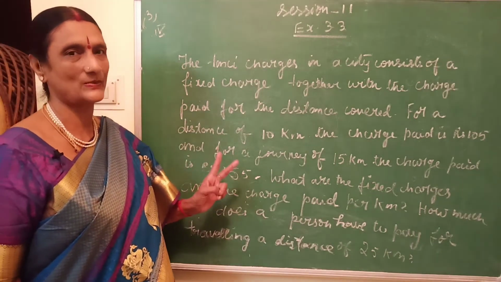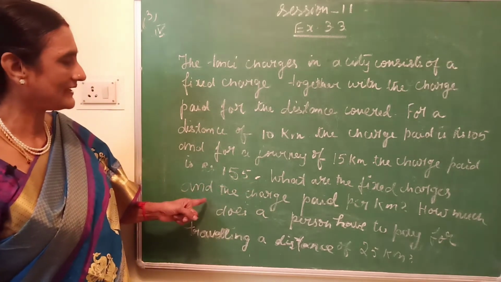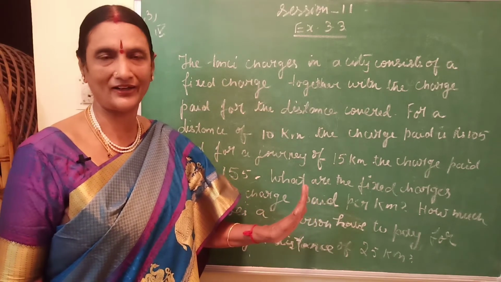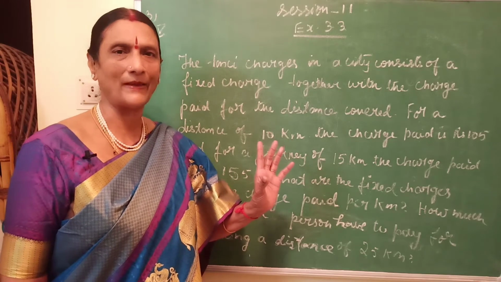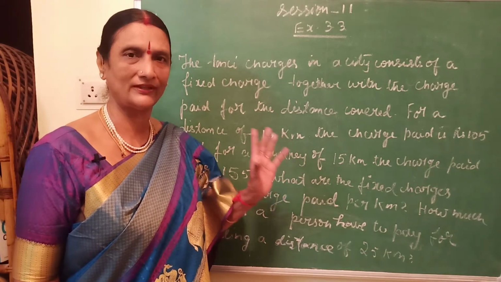Okay, there are two situations you should note. What are the fixed charges and the charge paid per kilometer? As I have already told you, some fixed charge plus the charge per kilometer. So we have to calculate and find out both the values.